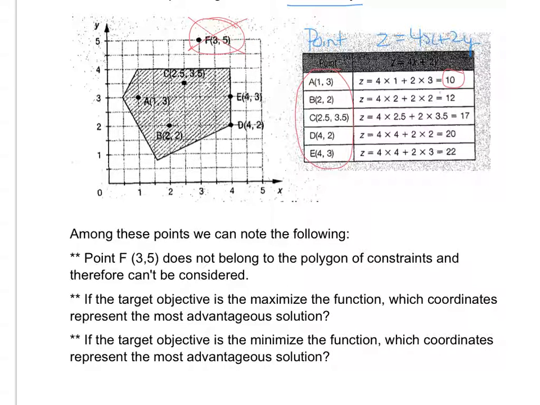So if we want to maximize the function, we would probably want to use point E. Because point E, if I look at my optimizing function, 4 times 4, because that's the x value, plus 2 times 3, which is your y, you get an answer of 22, which gives you the most. So point E, which is right here, would be the maximum. It would give you the greatest dollar amount.